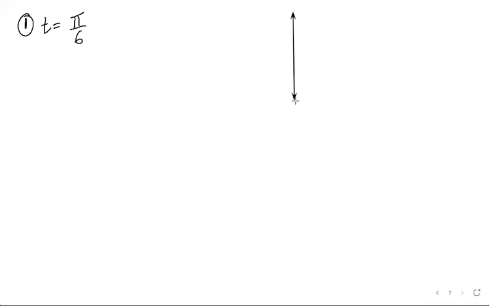So I graph the unit circle. This is my unit circle. And pi over 6 is around here. Starting by moving from this point, (1, 0), up to this point.